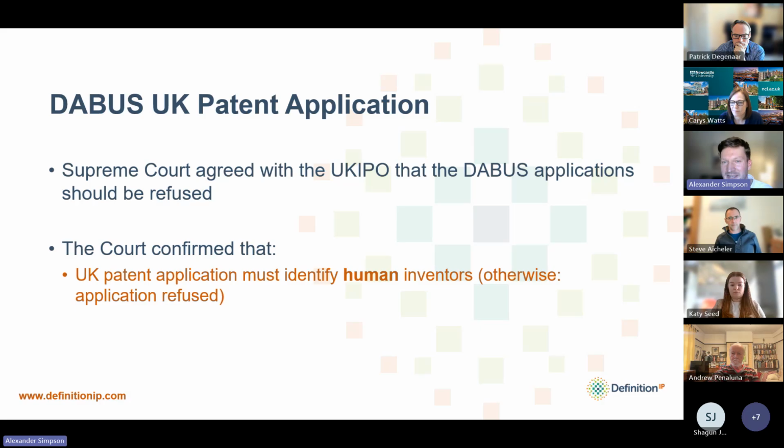Drum roll. So the Supreme Court agreed with the UK Patent Office that his UK patent applications should be refused, and the court confirmed that for UK patent applications, you must identify a human inventor, otherwise they will be refused.